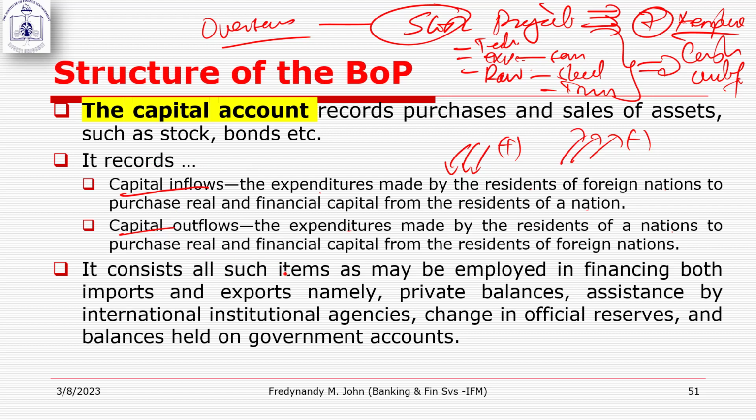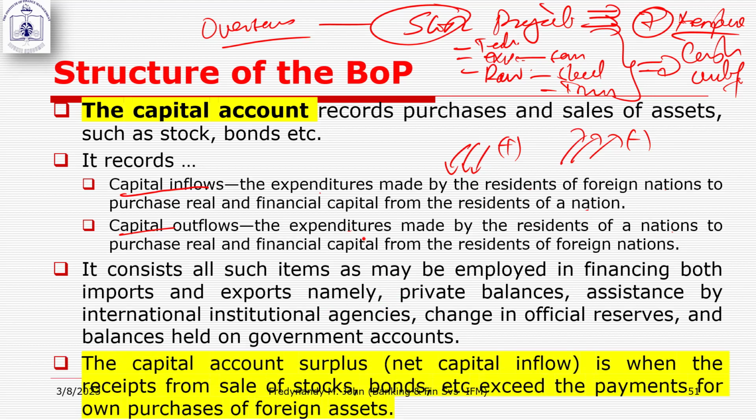The account consists of all such items as may be employed in financing both imports and exports, namely private balances, assistance by international institutions and agencies, change in official reserve, and balances held by the government account. The capital account surplus, that is net capital inflow, is when the receipt from the sale of stocks or bonds exceed the payment for own purchases of foreign assets.